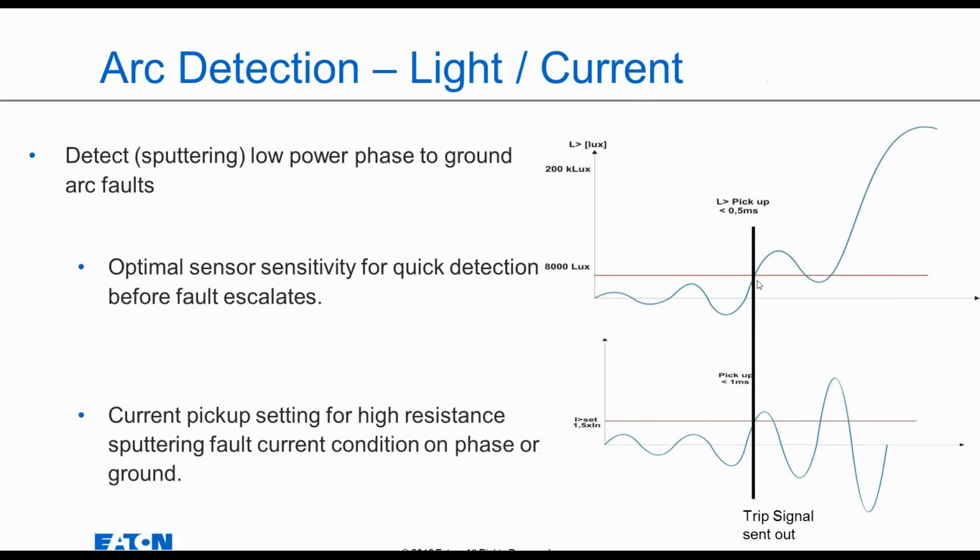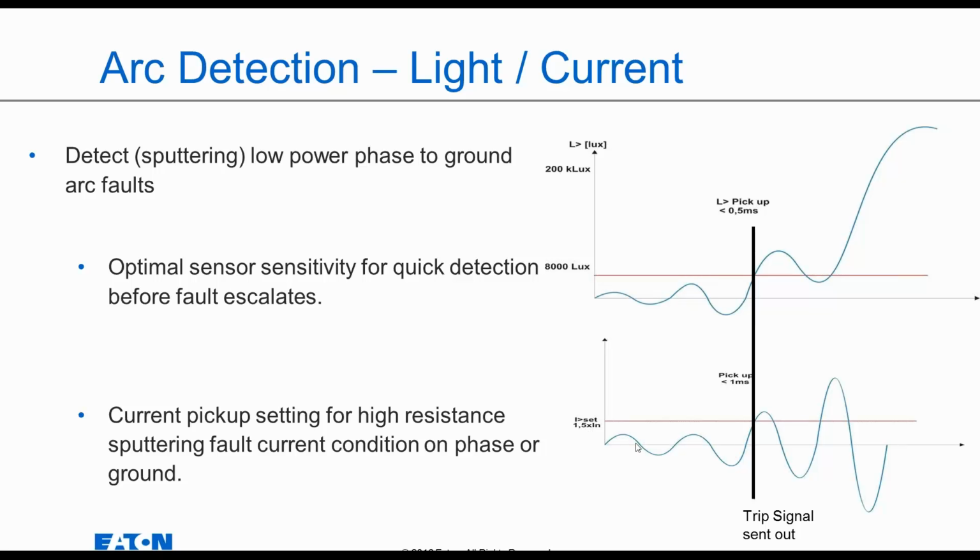And how this works, if you're using light and current as the mechanism to trip it, here's an example where this is maybe just background light, and we're using an 8,000 lux sensor, and that's the trip point of 8,000 lux. And all of a sudden it gets a little brighter, and at this point it has crossed the 8,000 lux point. And also it's saying I'm going to AND that with current.